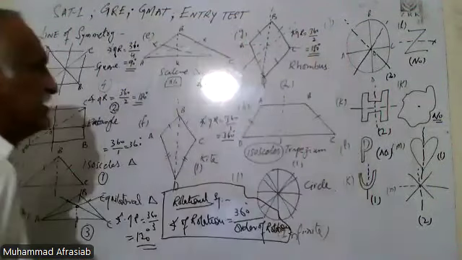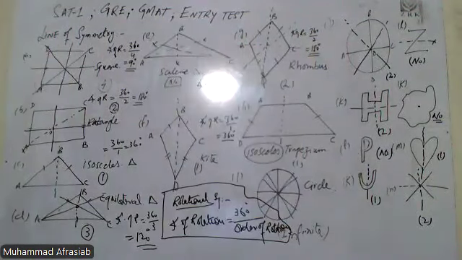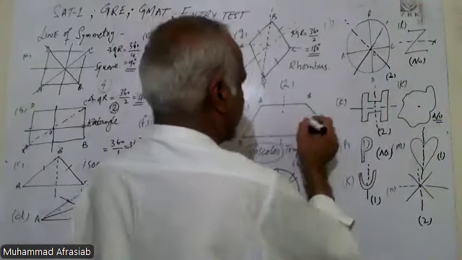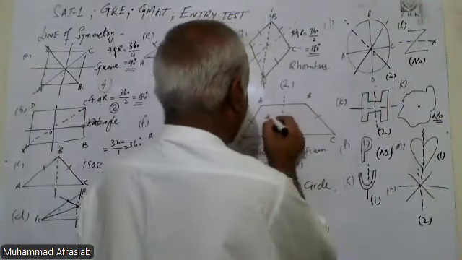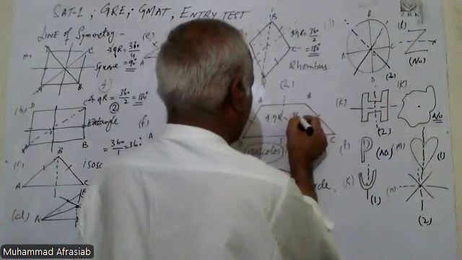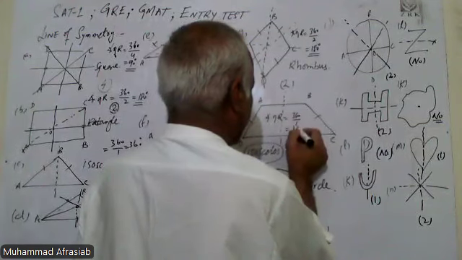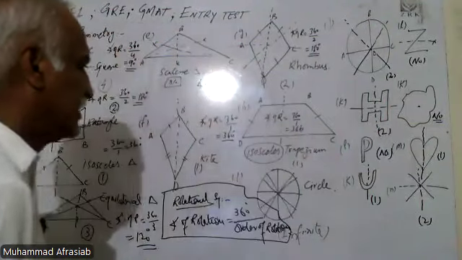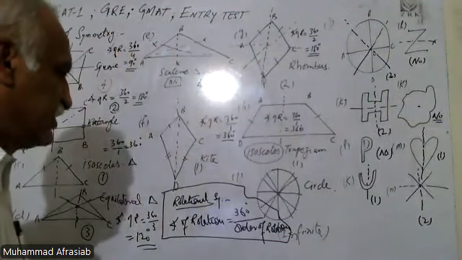After 180 degrees, if you rotate it 2 times, it will be back to its original shape A, B, C, D. There is one line of symmetry for this part, so the angle of rotation is equal to 360 divided by 1, so that is equal to 360. After it is completely rotated through 360 degrees, it will be back to its original position.